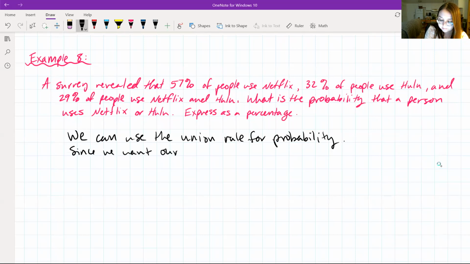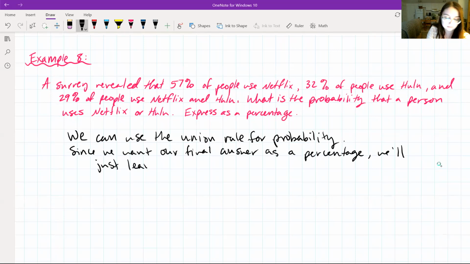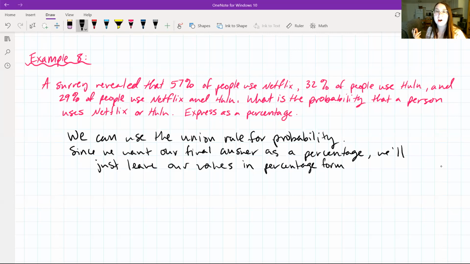Since we want our final answer as a percentage, we'll just leave our values in percentage form. Basically just meaning that we're not going to put them into decimals. We'll just leave them as whole numbers and just remember to add on our percentage sign at the end.